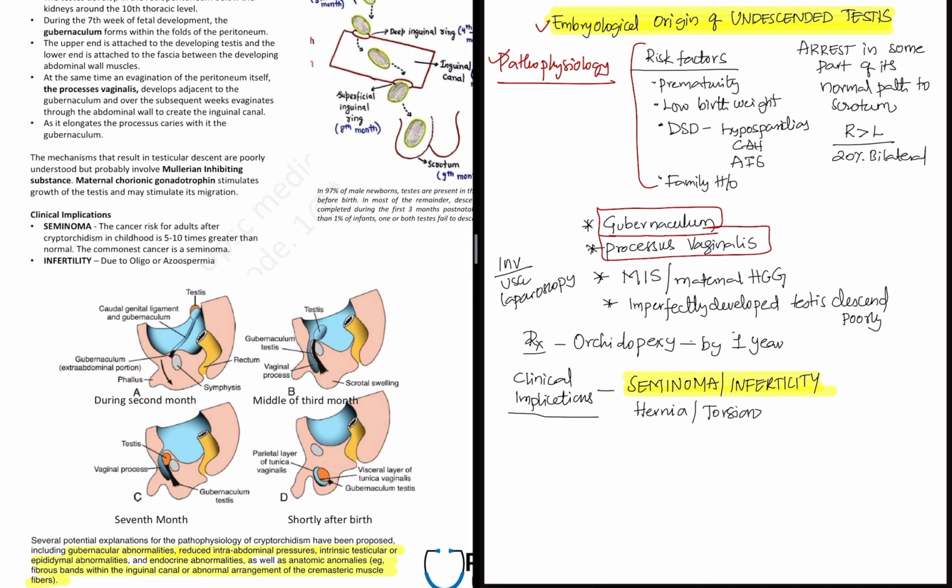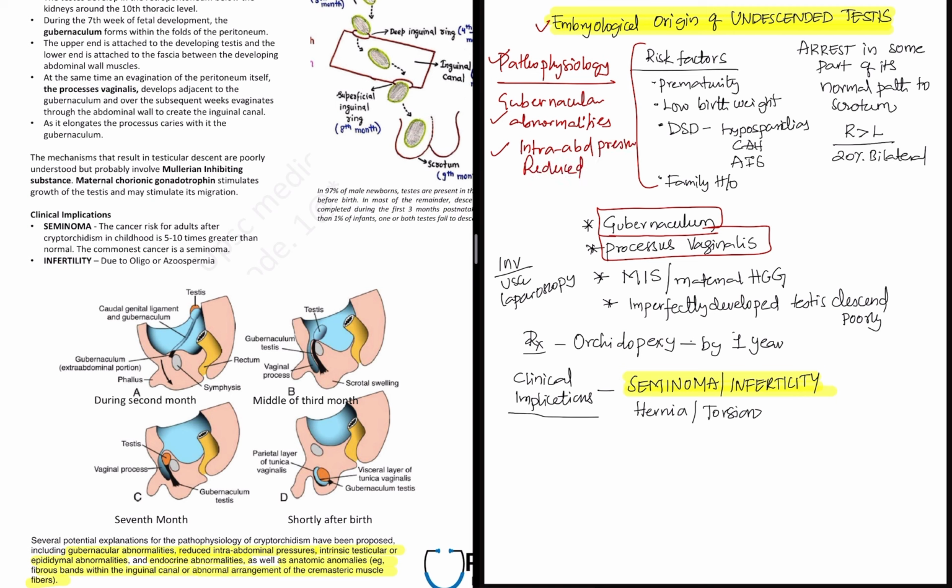So whenever there are gubernacular abnormalities, you see undescended testis. Similarly, change in intra-abdominal pressure also plays an important role. If intra-abdominal pressure is reduced, it might not help the descent of the testis.